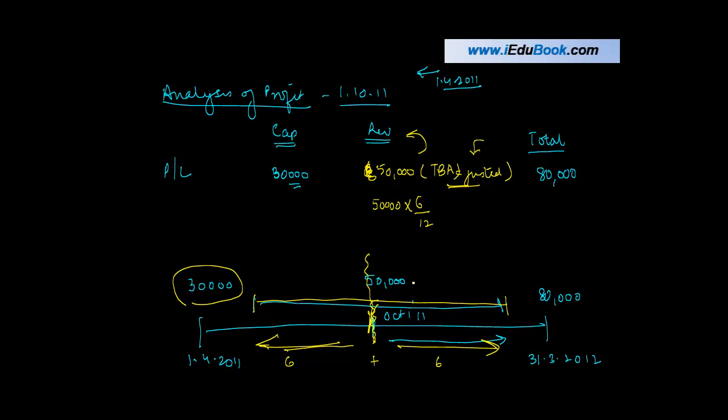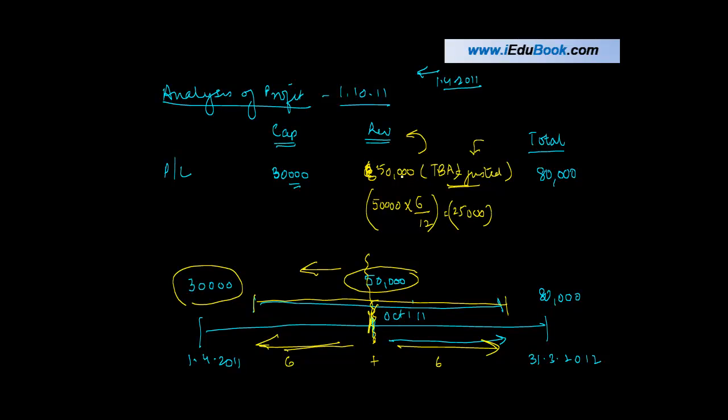The assumption is that unless anything else is given, this profit is earned evenly during the entire year. So 50,000 into 6 by 12 is the profit which belongs to the period prior to the acquisition, and hence is a capital profit. This will give you 25,000.